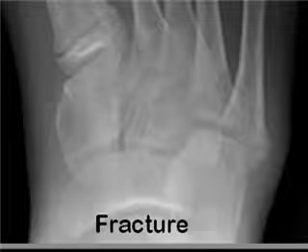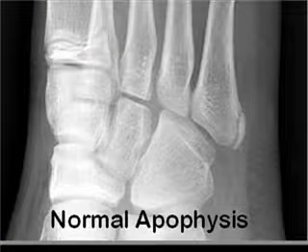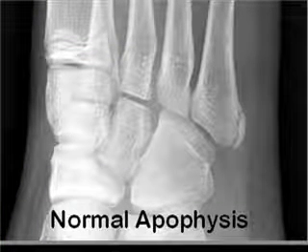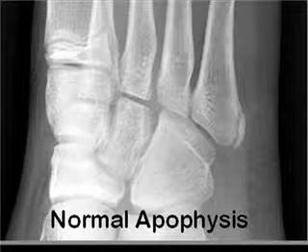There's a transverse lucency at the base of the fifth metatarsal. That is a so-called Jones fracture. Whereas this is an example of the normal apophysis at the base of the fifth metatarsal. You'll see that it, unlike the fracture, is oriented longitudinally, and while an apophysis can be avulsed, it's relatively uncommon, and you should not confuse this normal apophysis with a fracture.